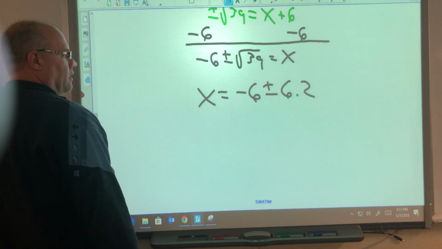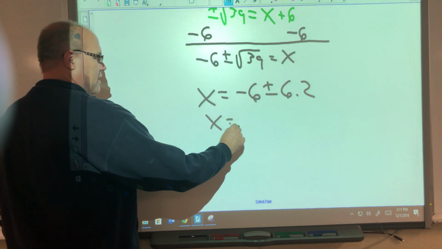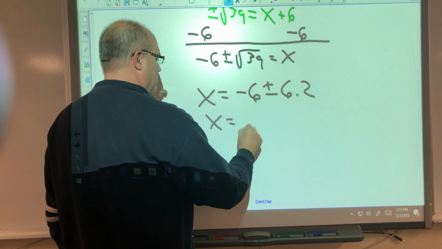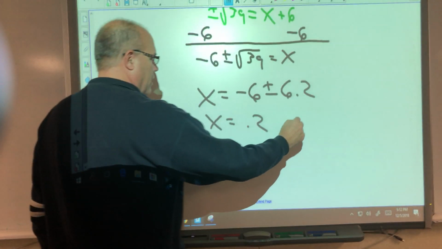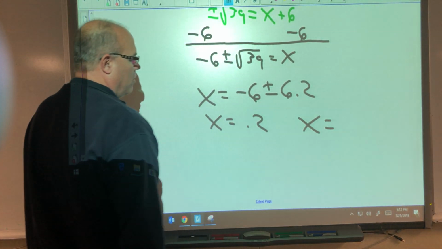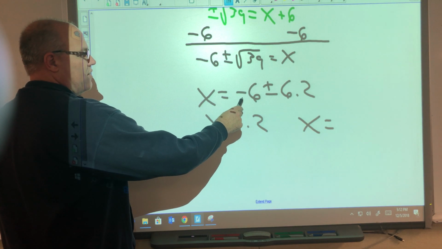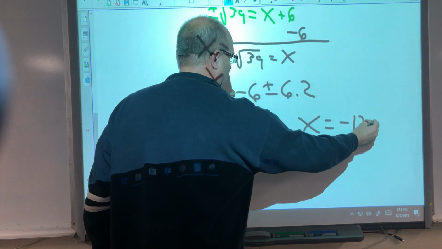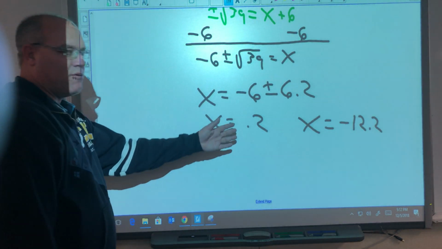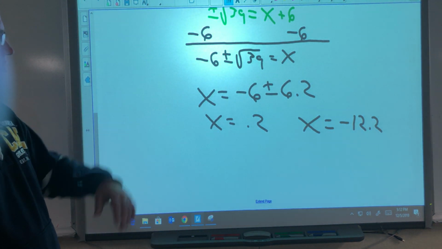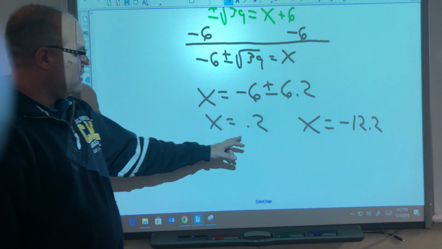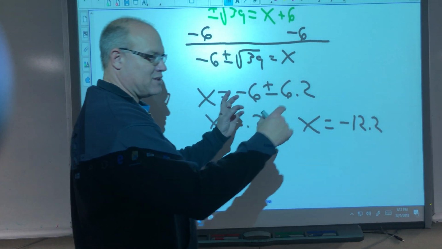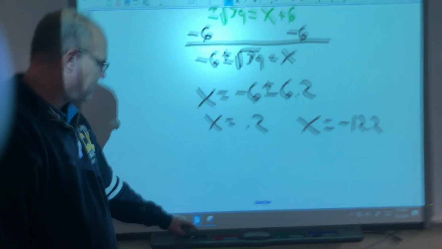And so then I'm going to get x equals -6 plus 6.2, which is 0.2, and x would also equal -6 minus 6.2, so that's -12.2. So those are my roots, or my zeros. If I want the x-intercepts, it'd be 0.2 comma 0 and -12.2 comma 0. That's where the parabola would actually cross the x-axis.